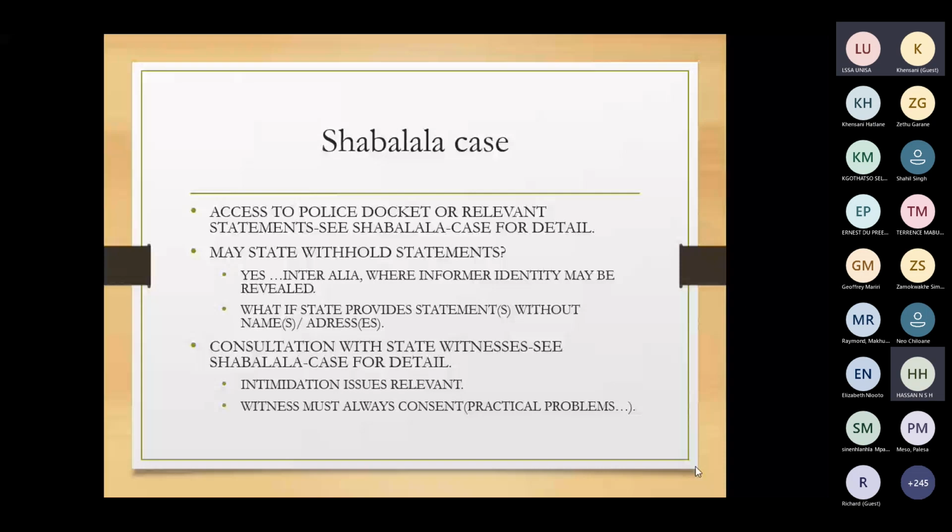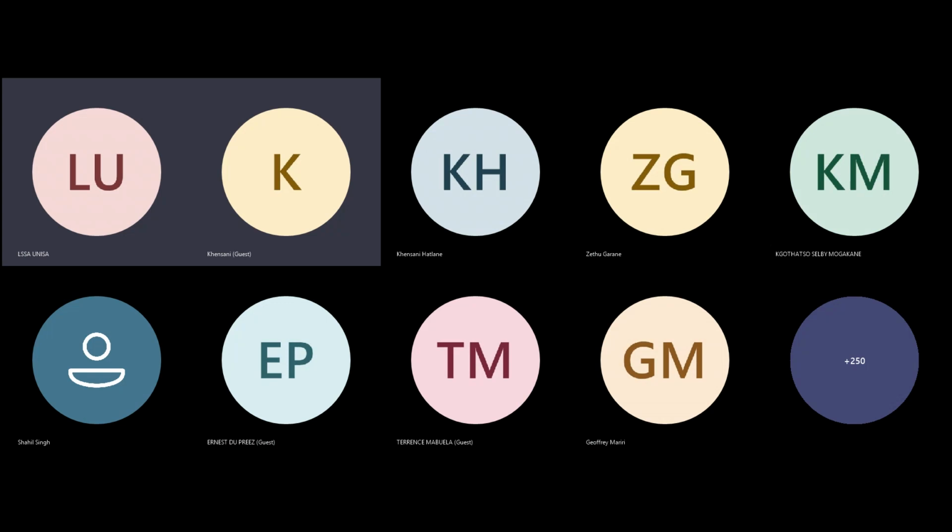And furthermore, when it comes to indictments, as I indicated to you, indictments are mainly in the High Court. The reason is that the High Court is of a higher nature than the lower courts.